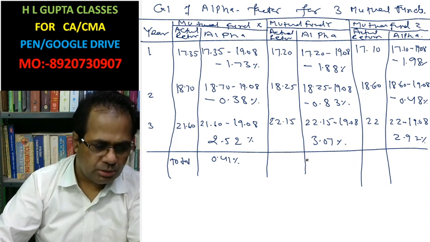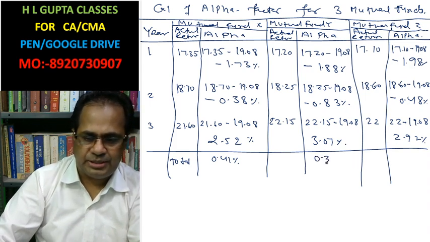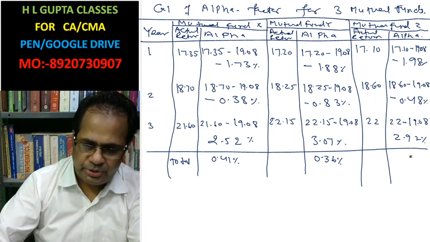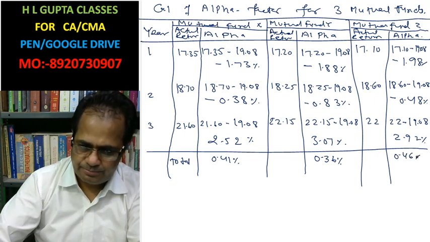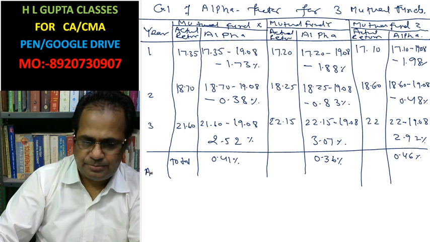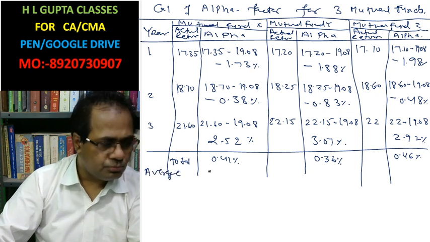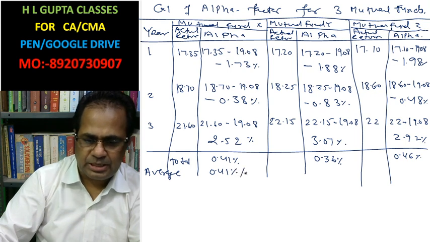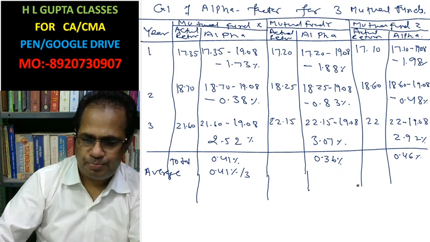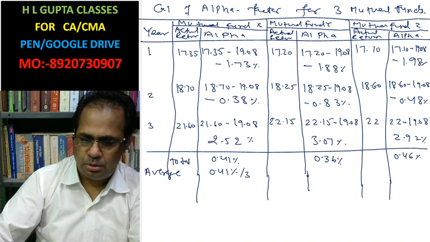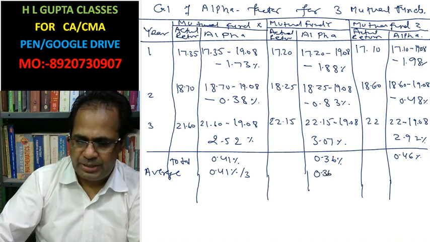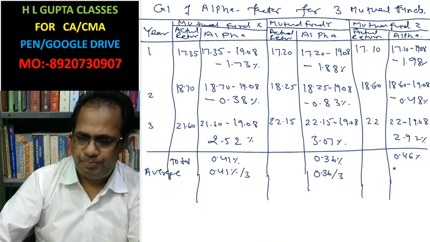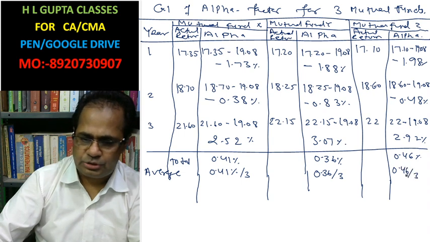Average: 0.41 divided by 3, 0.36 divided by 3, 0.46 divided by 3.